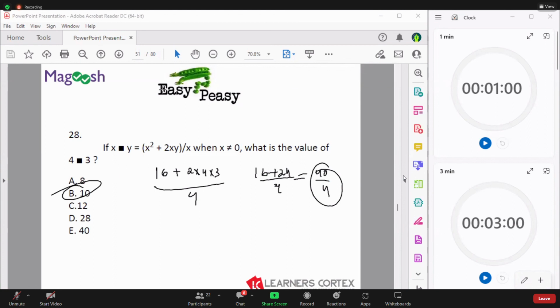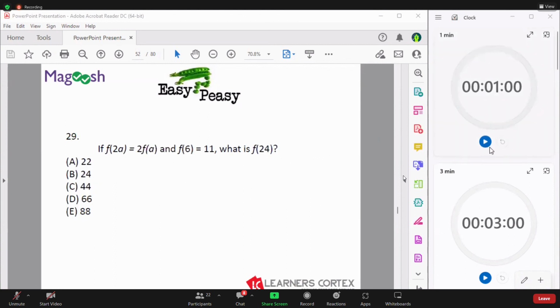Next we have f of 2a. This is a very interesting question. f of 2a equals 2 times f of a, and f of 6 equals 11. What is f of 24?